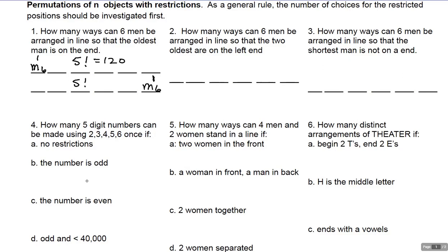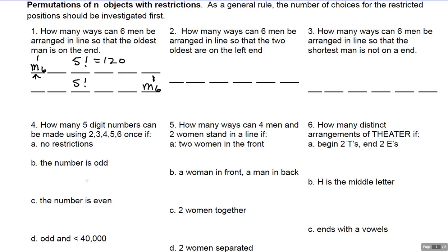This guy isn't moving. He's always here. You see what I'm talking about? But all the other 5 guys are all getting rearranged in 120 different ways. Now, here, I put the old guy at the end.